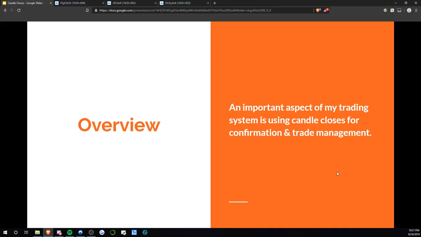Obviously, confirmation in trading isn't a 100% guaranteed thing, but any added probability or odds that we can get in our favor is always a plus. And with trade management, it allows you to exit early and overall reduce risk and try not to lose a full 1R loss or whatever. So let's go ahead and hop into the other slides.